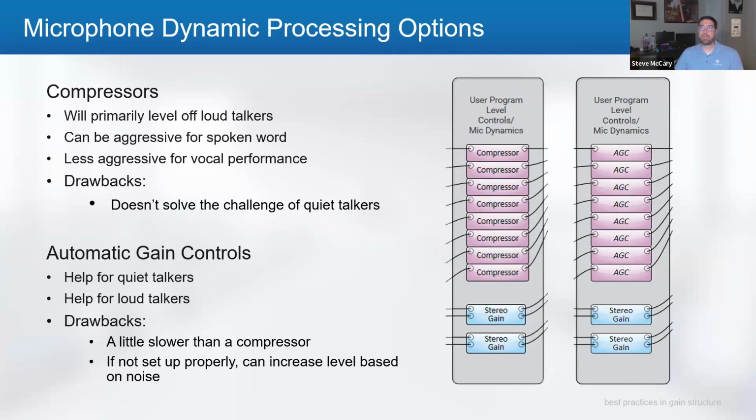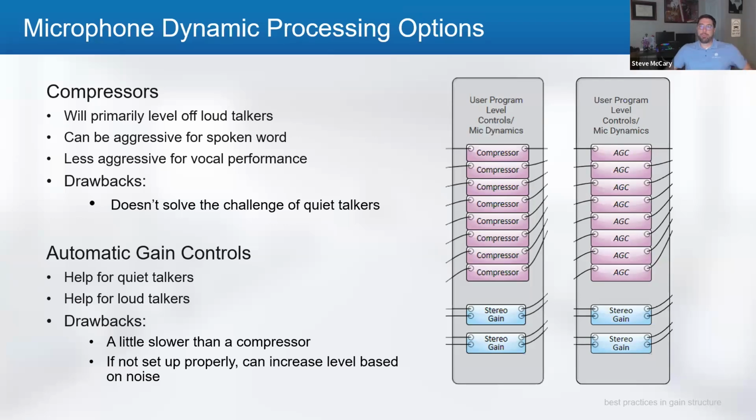Compressors are generally used if you feel like you're going to have somebody that's going to get really loud. These are used a lot in performance, but less often in spoken word. So you don't see a lot of this done with conferencing.